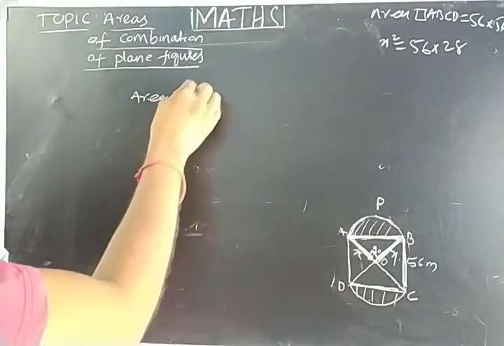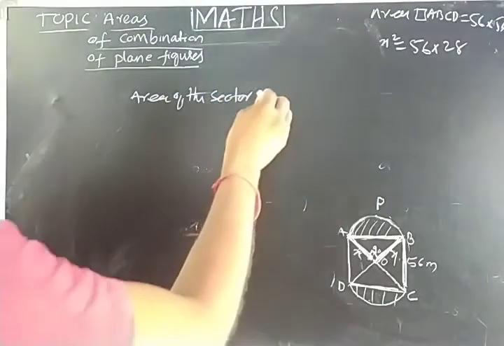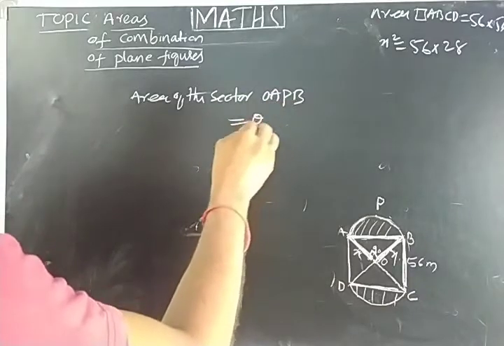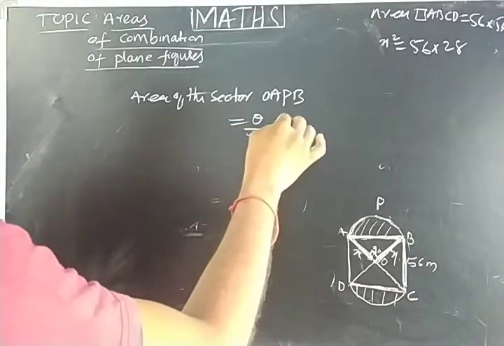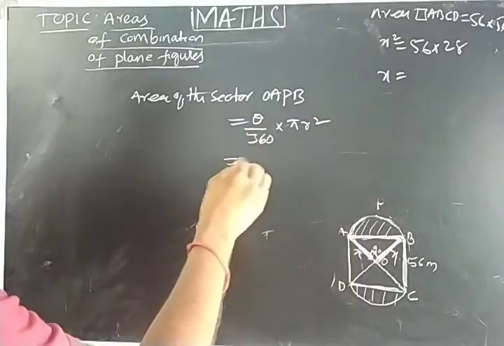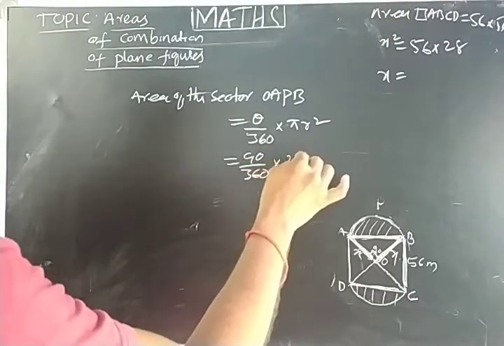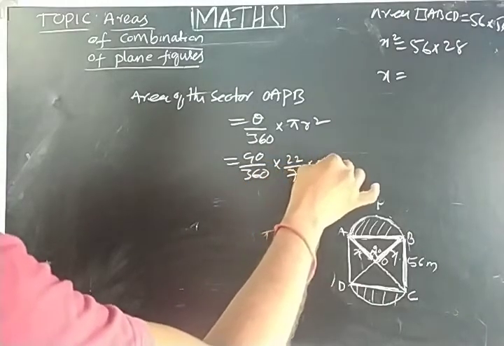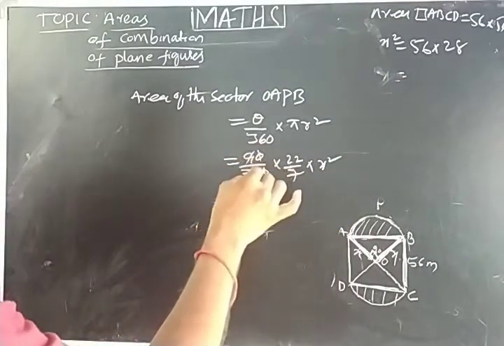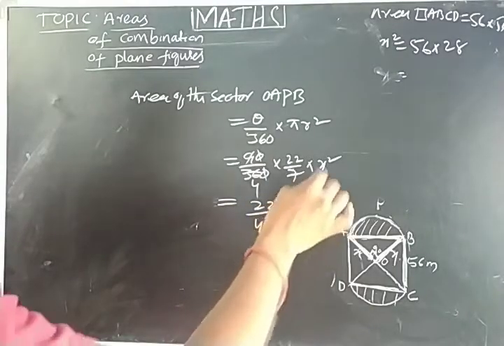Area of the sector OAPB is theta by 360 into pi r squared. Theta is 90 by 360 into pi, 22 by 7. r squared means x squared. The zeros cancel, 9 4s are 36, so 22 by 4 into 7 into x squared.